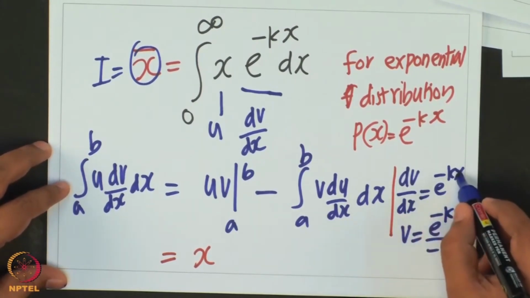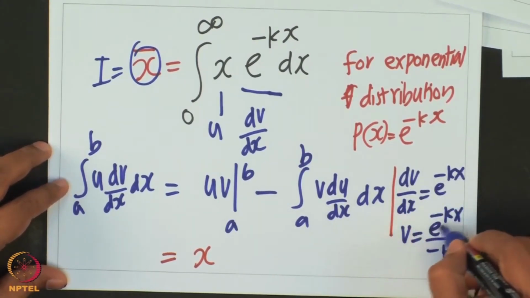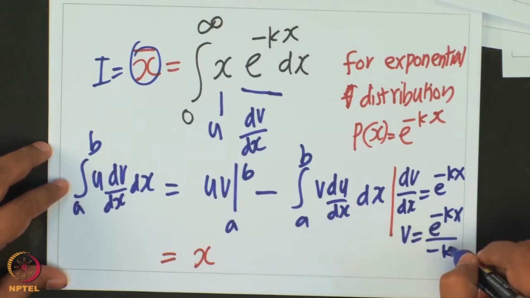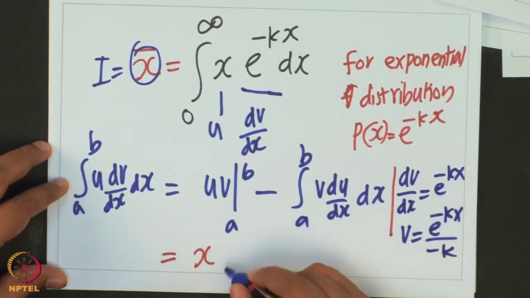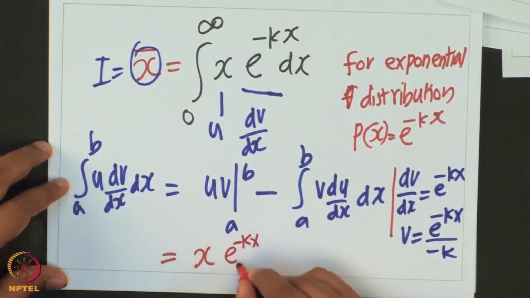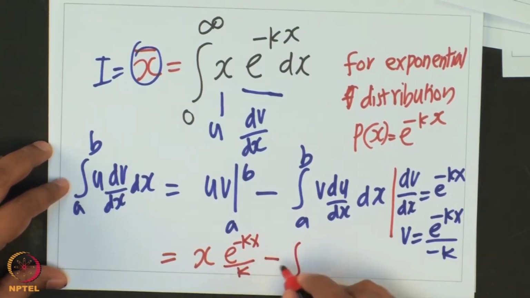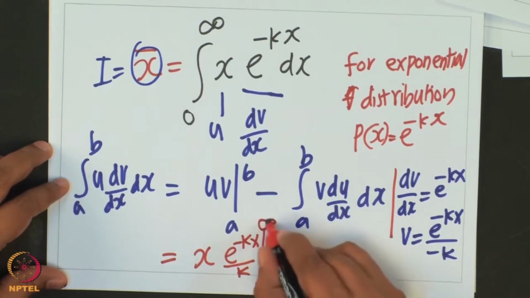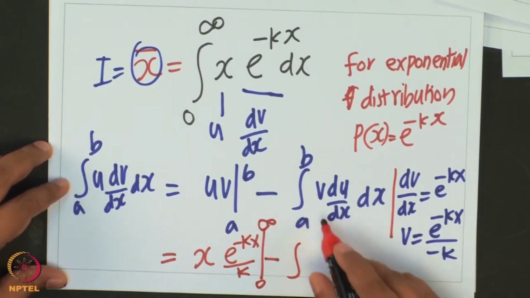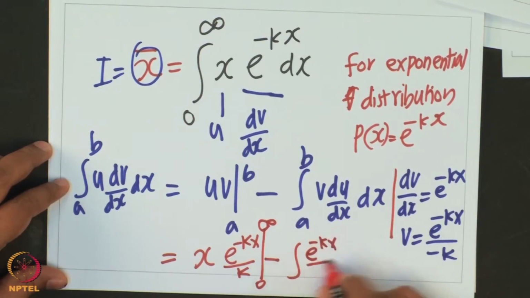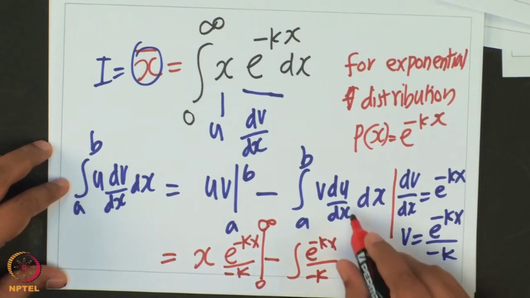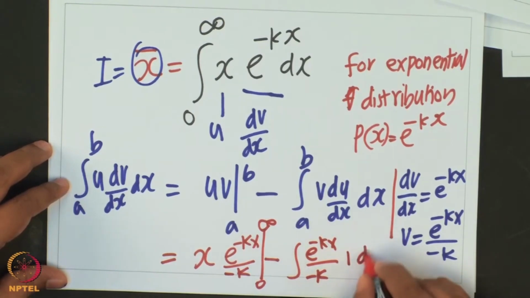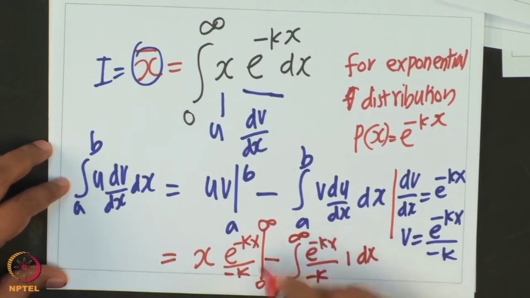So x times e power minus kx divided by minus k, in the limit 0 to infinity, minus the integral of v, which is e power minus kx divided by minus k, times du by dx, which is 1, dx from 0 to infinity. If I do this, I would get the answer.